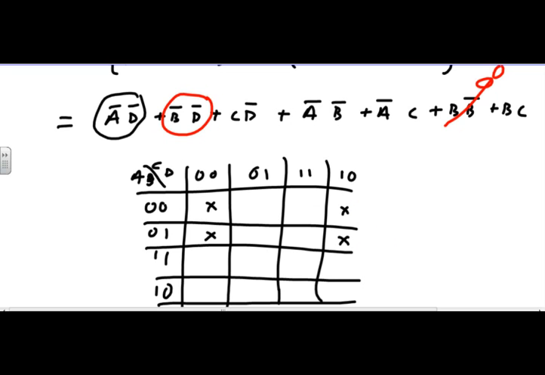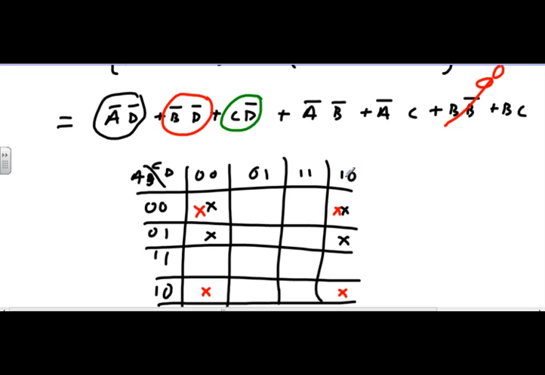All right, now I'm in red. Let's see, A naught, D naught. B naught, D naught, B naught, D naught. Okay. C, D naught.